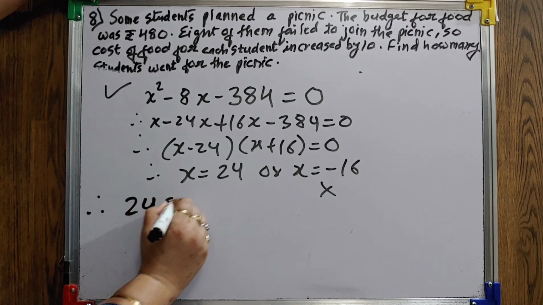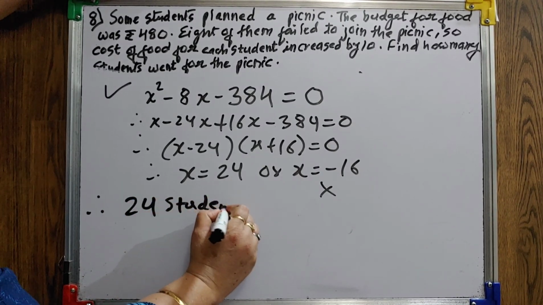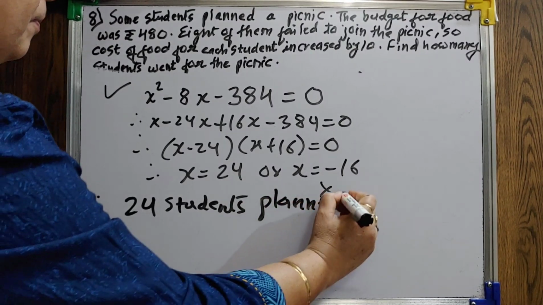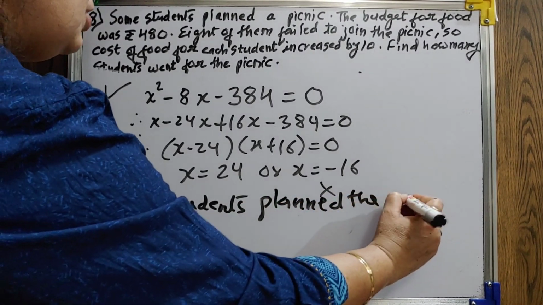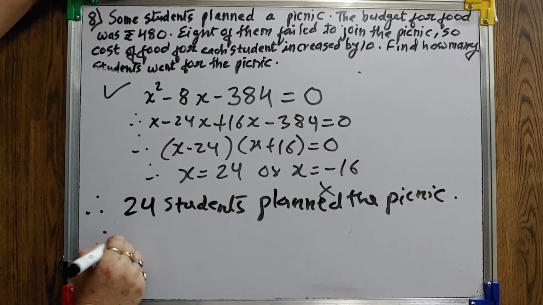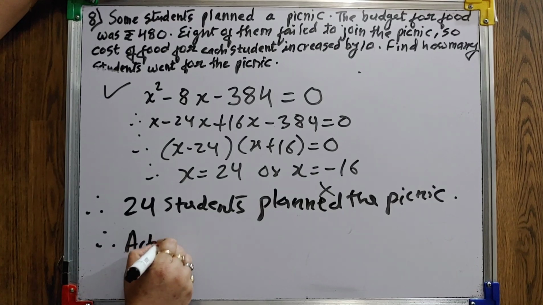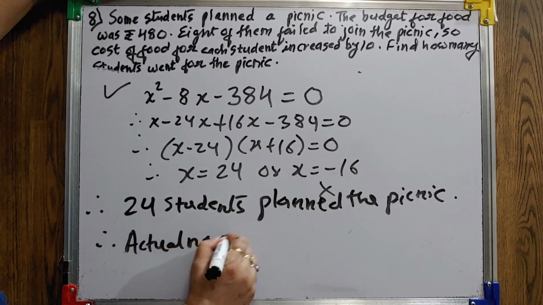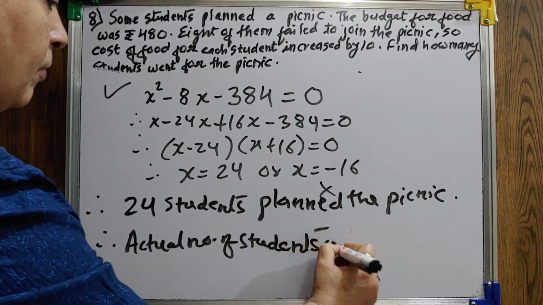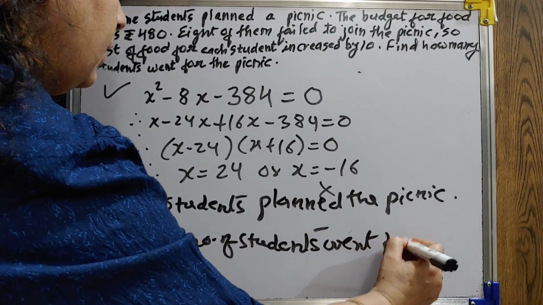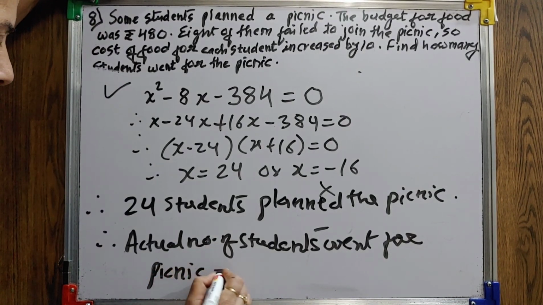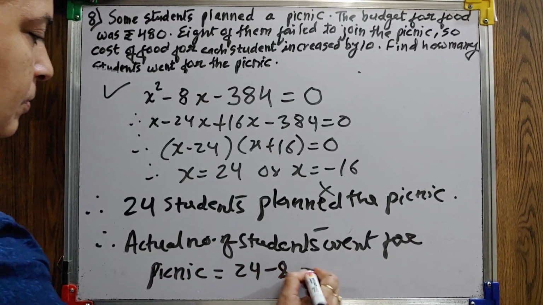Therefore, 24 students planned the picnic initially, but 8 students were less. Therefore, the actual number of students who went for the picnic is 8 less than this.